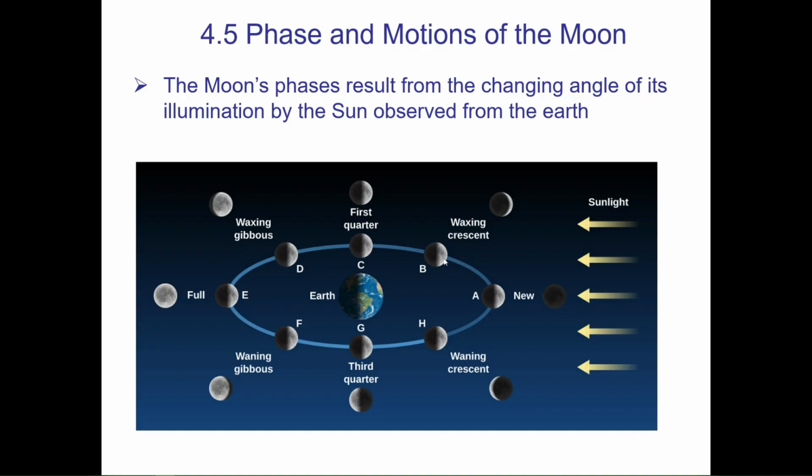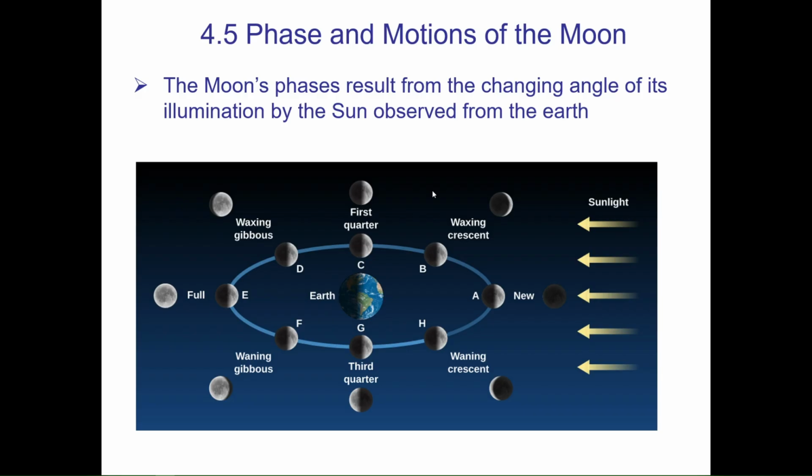And as the moon gradually rotates, we start to see a little bit more of the lighted part of the moon. So before a half circle, we call it a waxing crescent. Waxing means increasing. And about a week after the new moon, we have the first quarter.